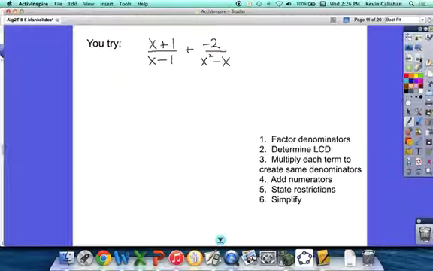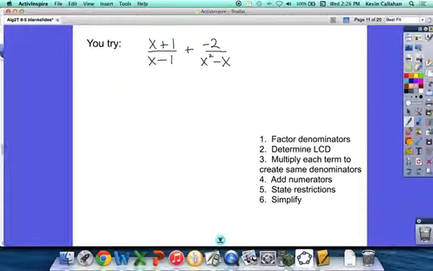If you factor out an x, it would be x parentheses x minus 1. That's it. Okay, that's this factor. So now you have to do your common denominator and all that.